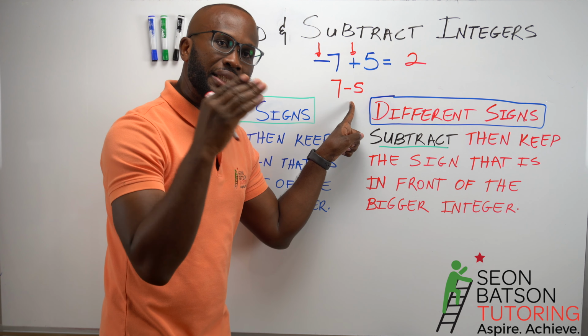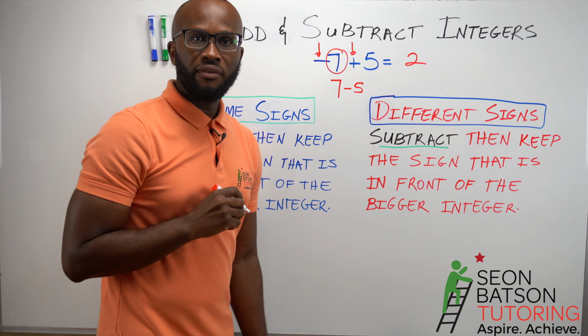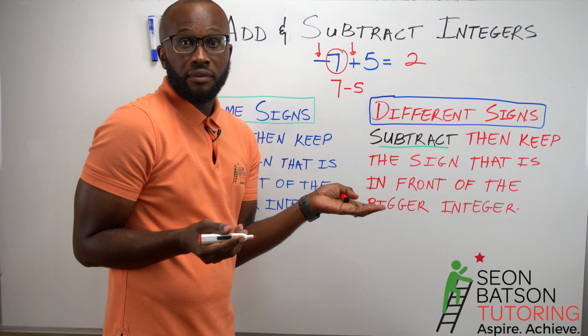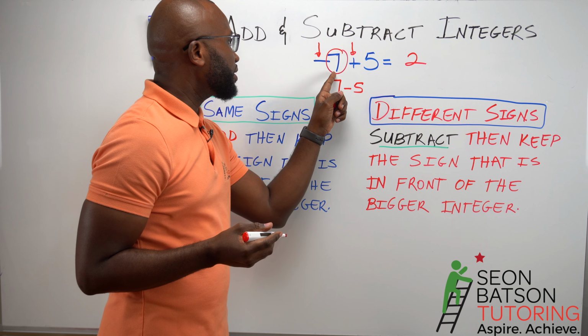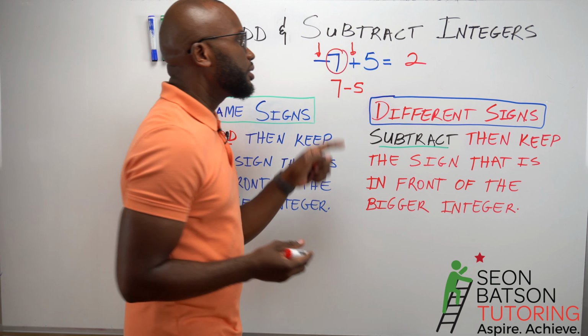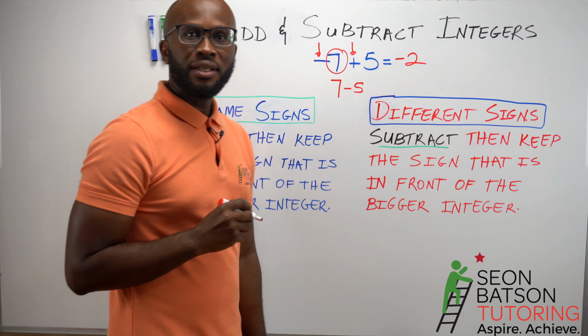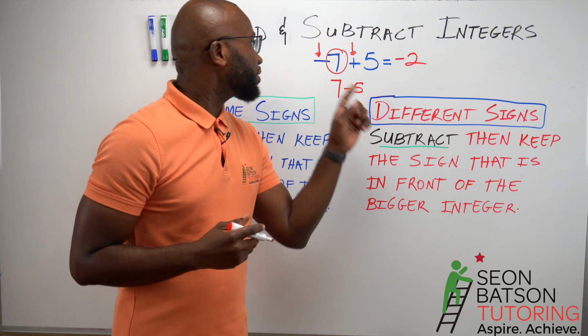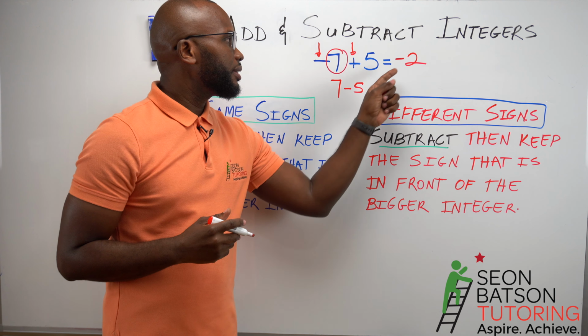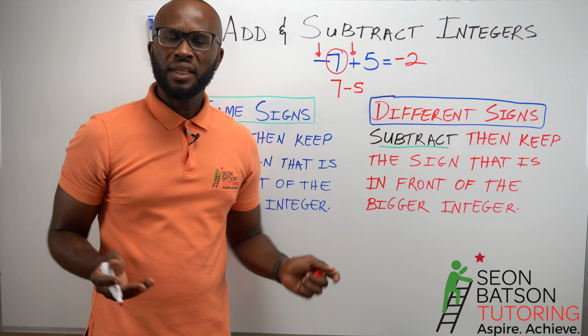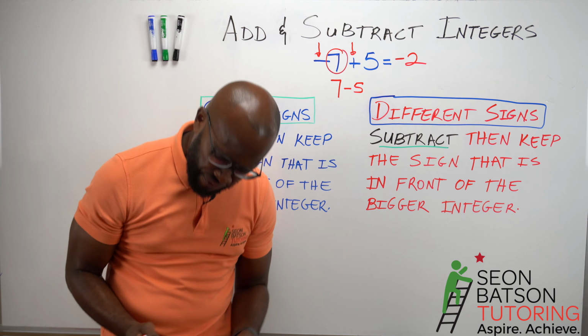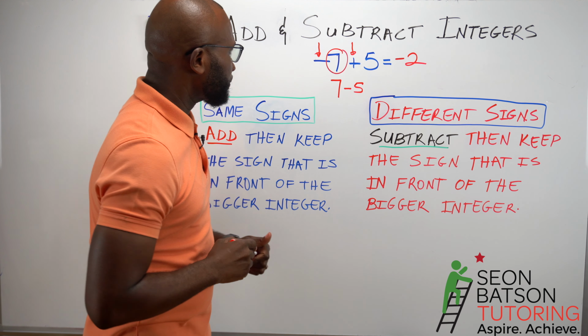The bigger integer in this case is 7. 7 is bigger than 5. Yes? And the sign in front of the 7 is negative. So I must keep the negative sign in my answer. So my answer is -2. So -7 plus 5 gives me -2. Get the idea? Perfect! Perfect!